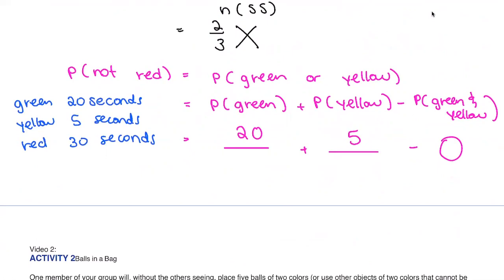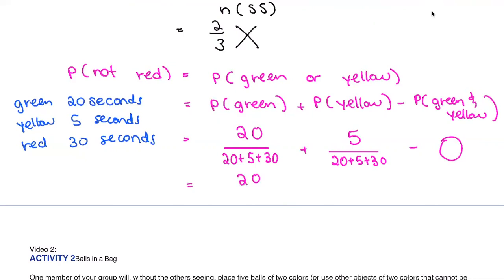The denominator for any probability is always just the total possible outcomes. And so how that translates in this example is the total amount of time. Well, that's going to be 20 seconds plus 5 seconds plus 30 seconds for each of these green and yellow light options. 20 plus 5 plus 30 is 55.